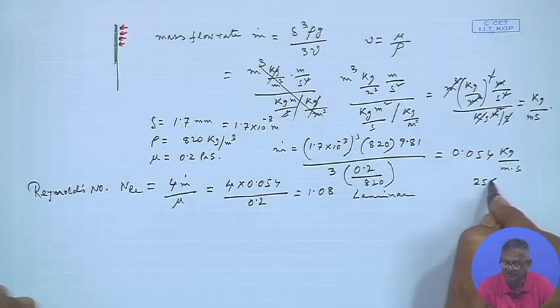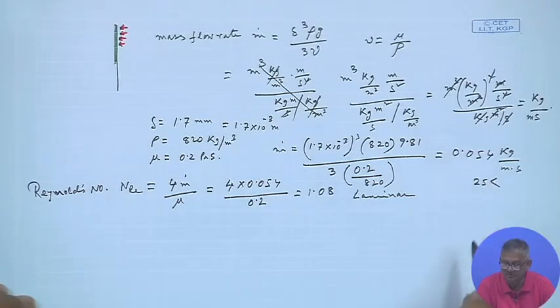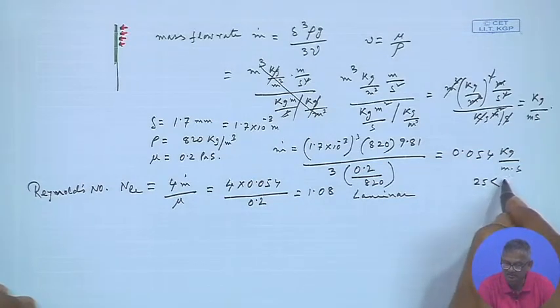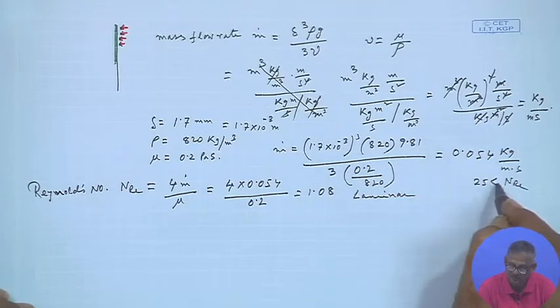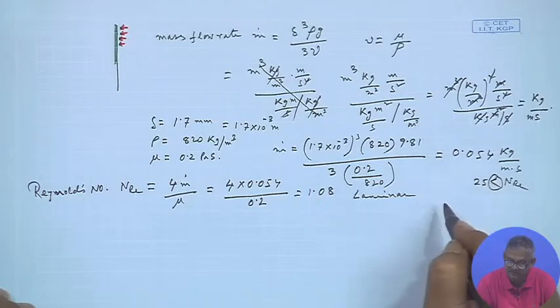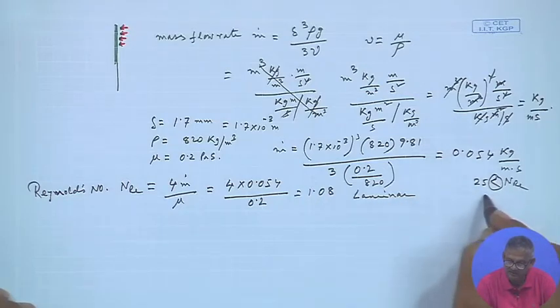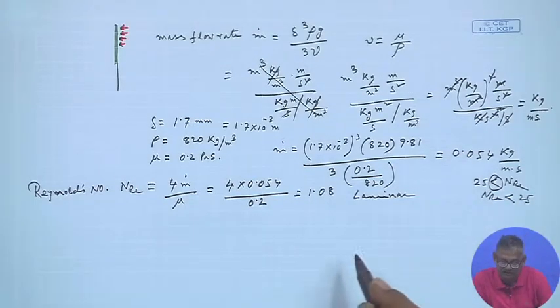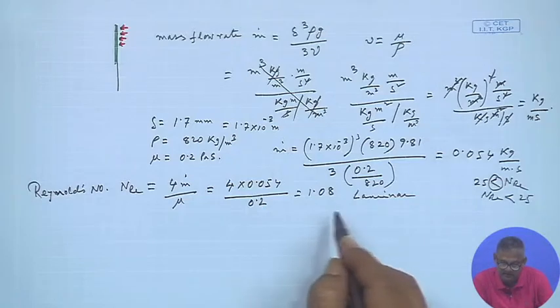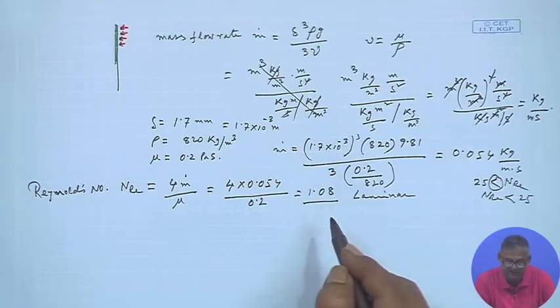So if the Reynolds number is less than 25, then we can say that this is laminar flow.